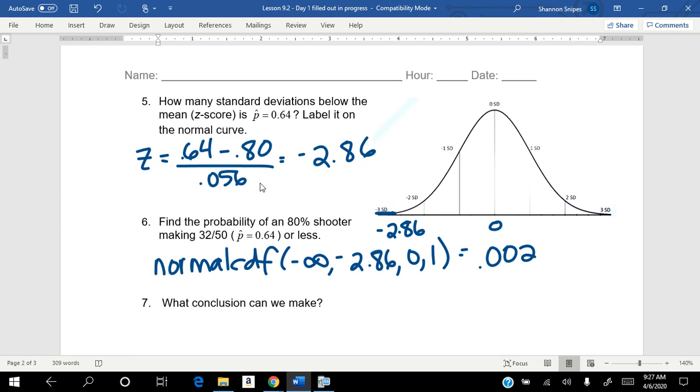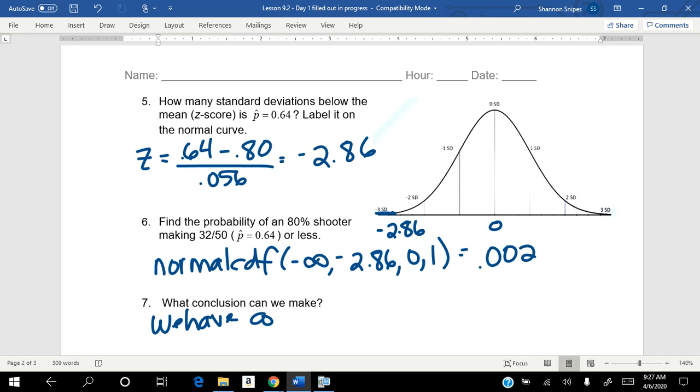We're always assuming the null hypothesis is true. So if I really was an 80% free throw shooter, there is less than a 1% chance of seeing what we actually saw. So we have convincing evidence against the null hypothesis.